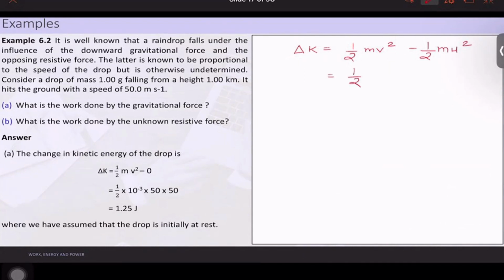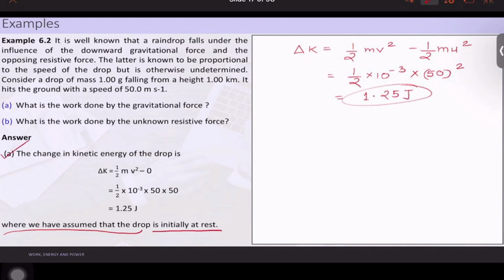As we know, the initial velocity is 0 and the final velocity is 50. If you just solve this, you will get the answer as 1.25 joules. We have assumed that the drop is initially at rest. So the change in kinetic energy of the drop is this much.